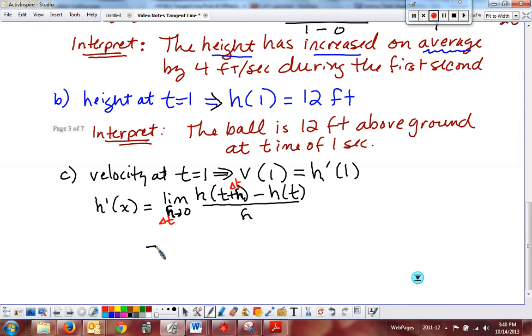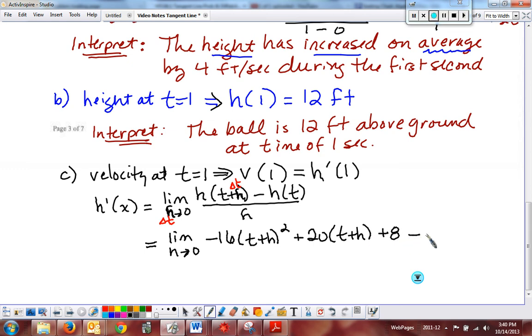It'll drop out in a second, and we won't have to worry about the delta x part. This will turn into the limit as h goes to 0. We plug t plus h into the function. Okay, so we'll remember that our function was minus 6 times t plus h squared plus 20 times t plus h plus 8.